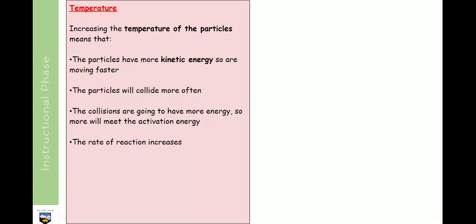Therefore, if they're moving faster, the particles will collide more often. And because the particles have got more energy, when the collisions happen, they happen harder, and therefore they meet the activation energy in order for the reaction to happen. And therefore, our rate of reaction increases.